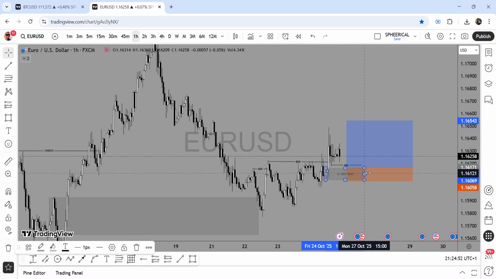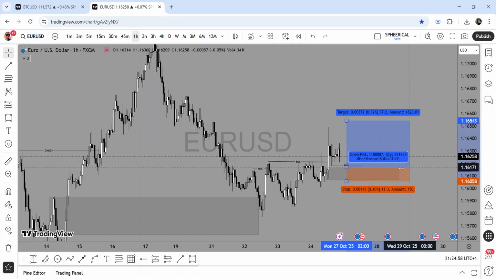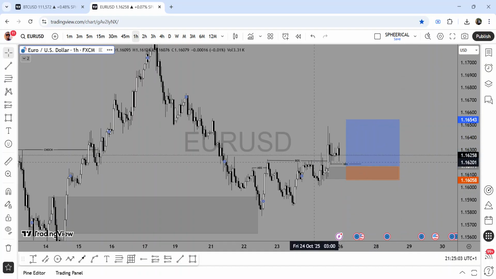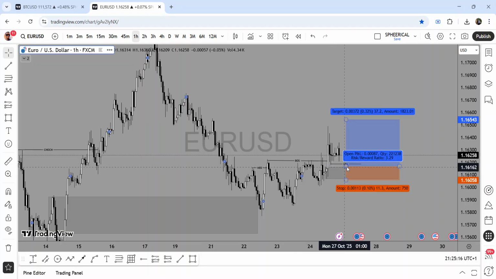It broke structure. This is the break of structure. This point of interest caused this break of structure. Then there is a fair value gap, which the market has tested to form this inducement. There is liquidity. So all these things are making this point of interest more valid.